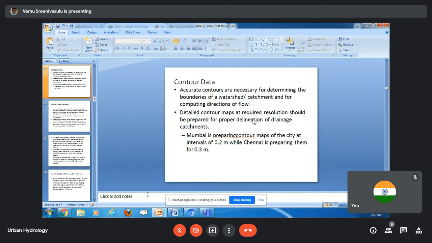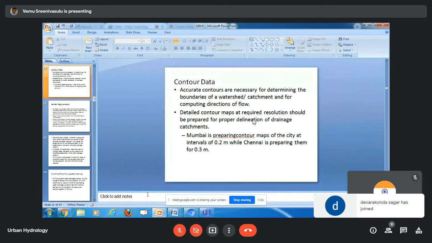It's not like that. The subcatchment is also based on your contour data. So you have to divide the area in such a way that rain falling in that catchment area goes away through a single point.